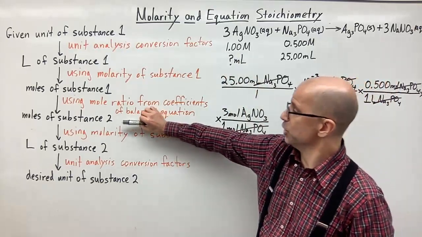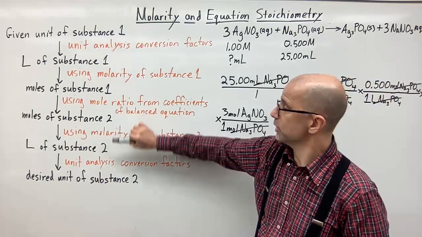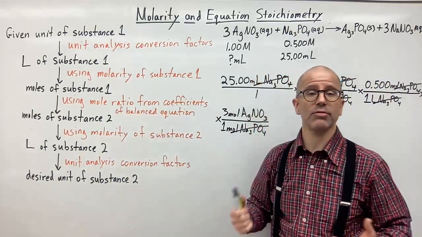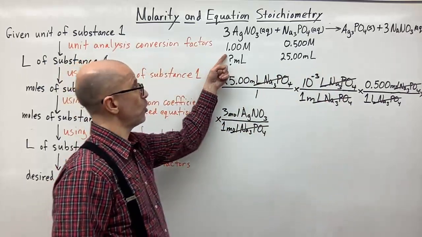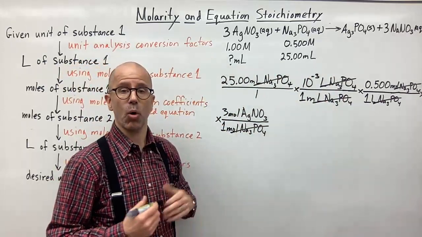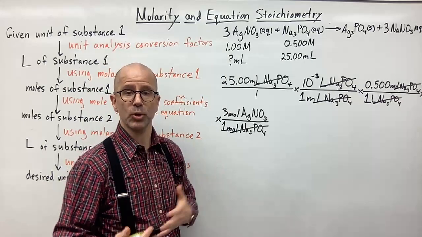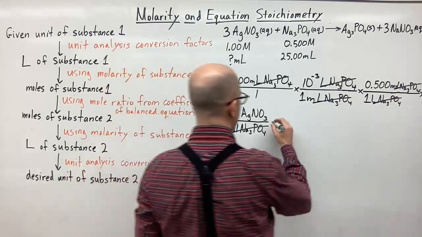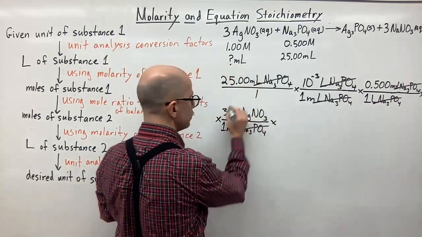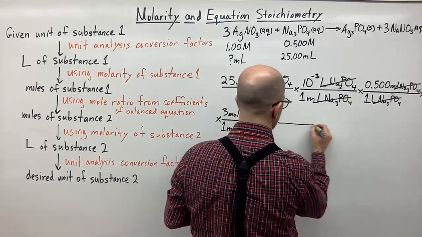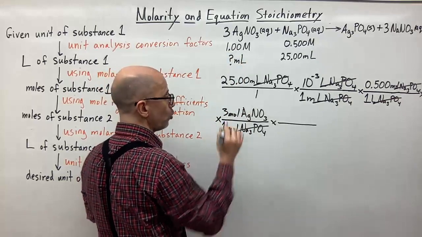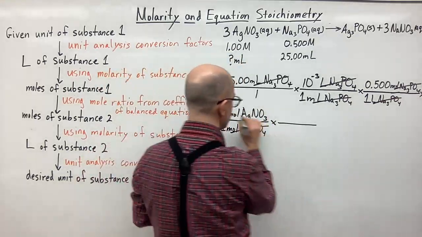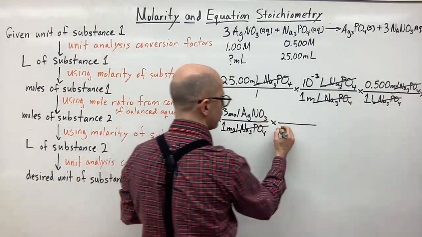The first thing I need to do is convert moles to liters using the molarity of the second substance. So here they're giving me a molarity of 1.00 molar, which is moles per liter. So now I can use that to convert the moles of silver nitrate to liters of silver nitrate solution. So it's 1.00 moles per liter. Since I have moles on the top here, I'm going to put moles on the bottom.